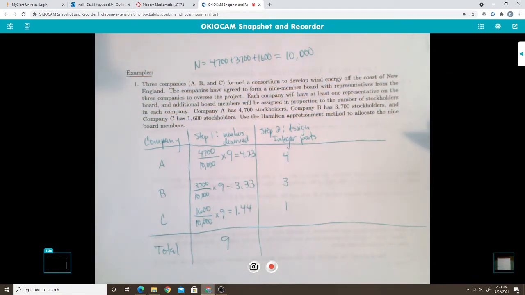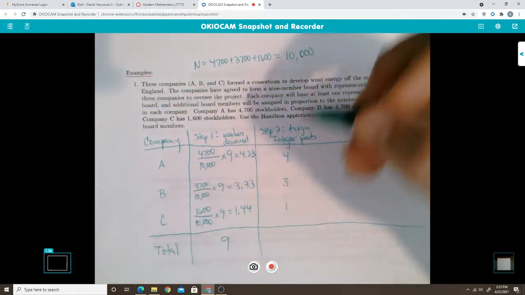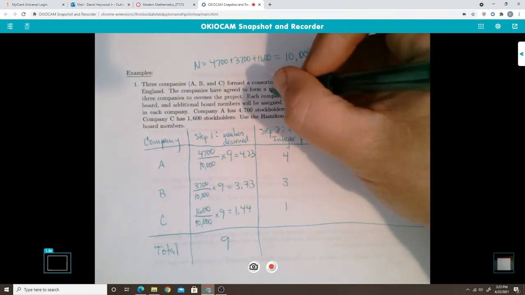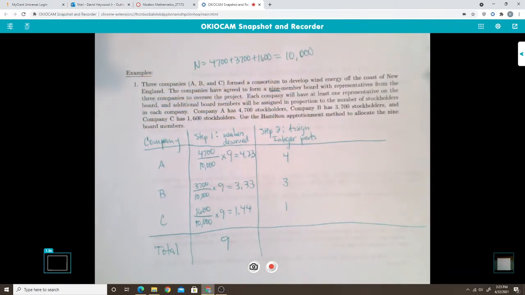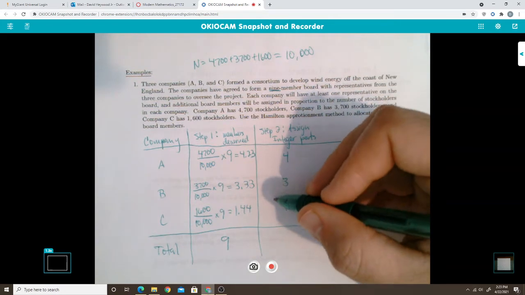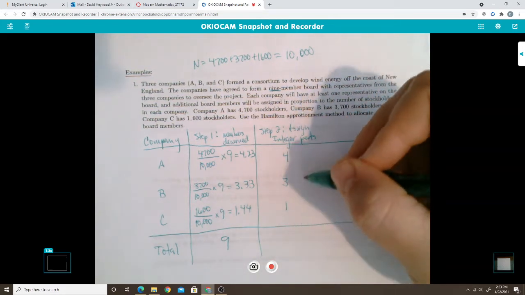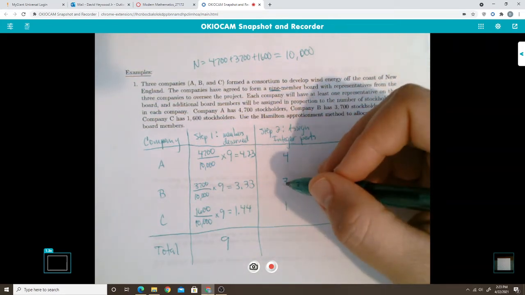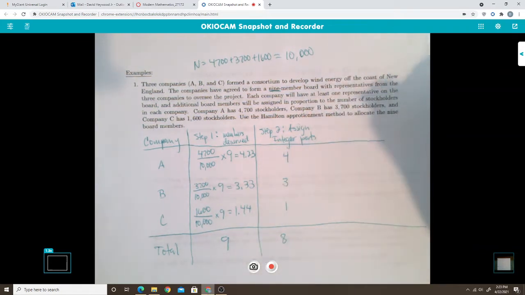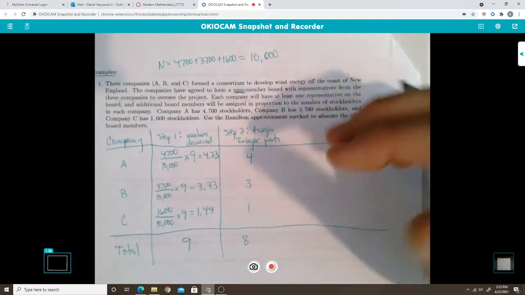Which is good. That's what we want, because it's supposed to be a 9-member board, right? But if you look at the number of representatives that we've actually assigned this way, we only have 4 plus 3 is 7 plus 1 is 8. So we still need to make one more assignment. So that's step 3.